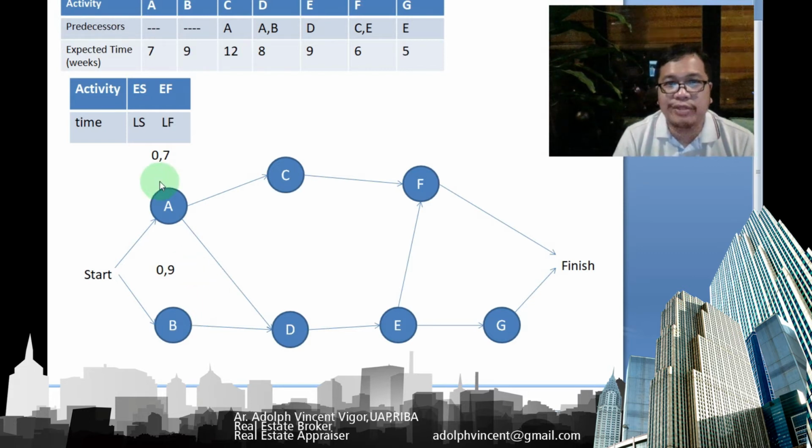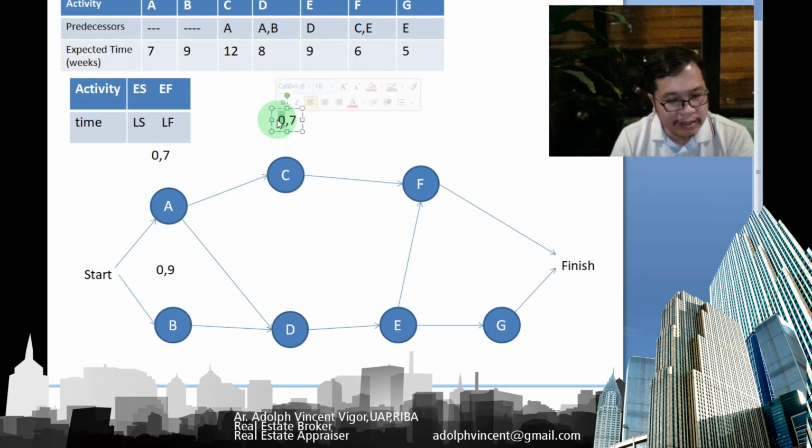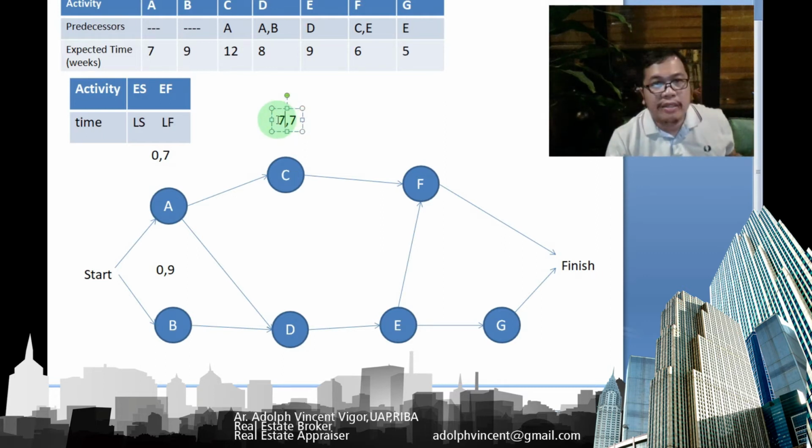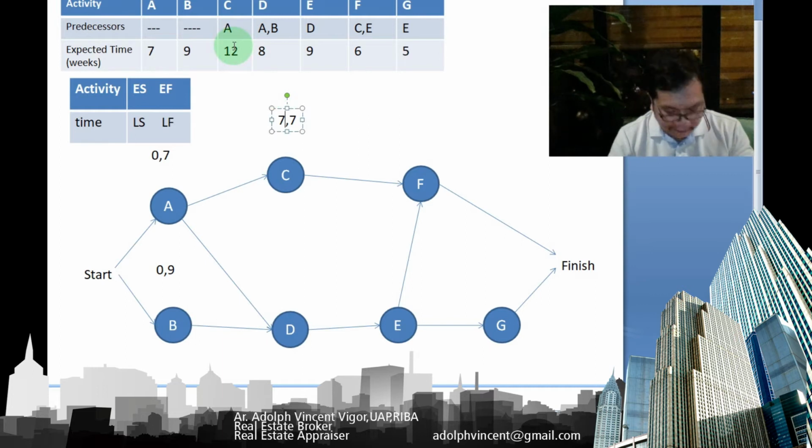So let's go to C. Now C requires A for it to start. So the early start of C is 7. Then its early finish is 7 plus 12, which is 19.